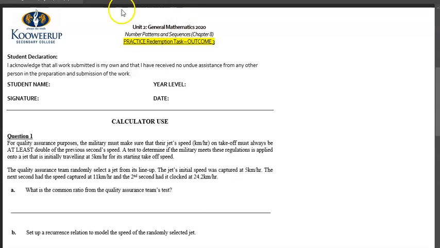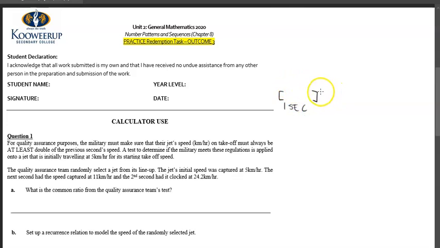Question 1. For quality assurance purposes, the military must make sure that their jet's speed, in kilometers per hour, on takeoff must always be at least double the previous second's speed. All this is saying is that when a jet takes off on the runway, in the first second it travels at a certain speed.